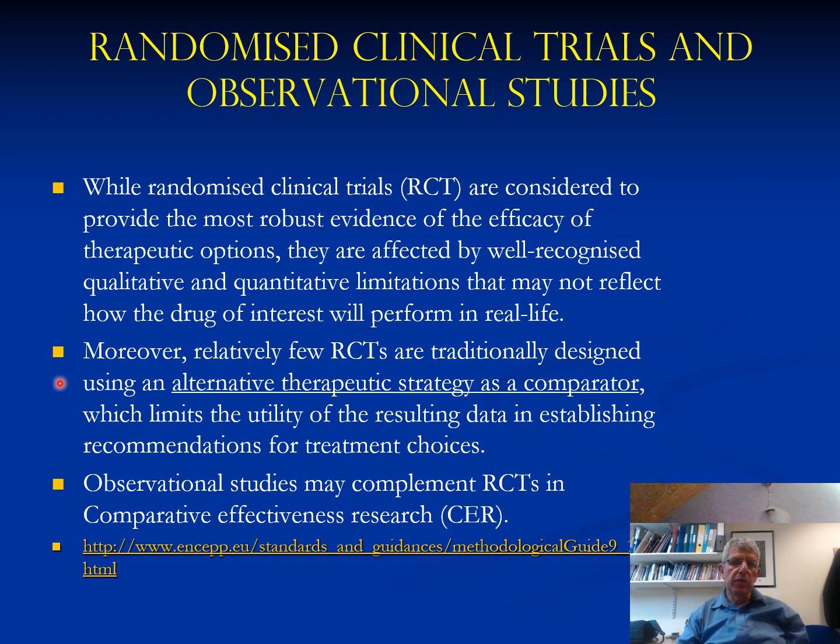Moreover, relatively few RCTs are designed using an alternative therapeutic strategy as a comparator, which limits the utility of the resulting data in establishing recommendations for treatment choices. So observational studies may complement RCTs in comparative effectiveness research.